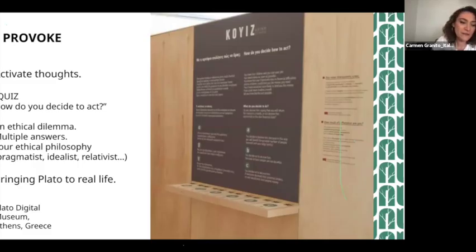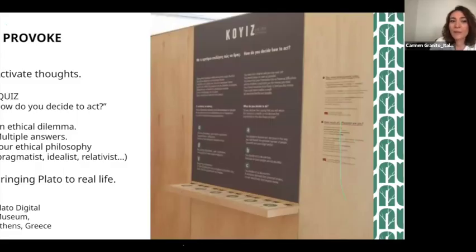So in the rest of the exhibition of the museum, you will have encountered Plato as a character. There are several corners and rooms dedicated to several aspects of Plato's philosophy, etc., etc. This is the very end of the exhibition, and it's dedicated to the ethics of Plato. So here you find this panel and it asks you, how do you decide to act?